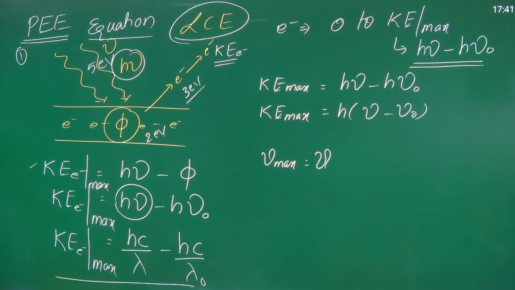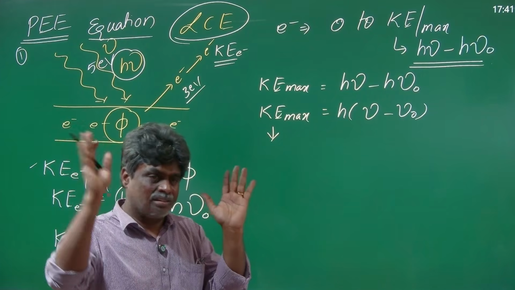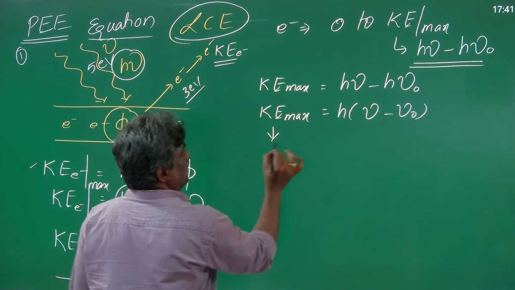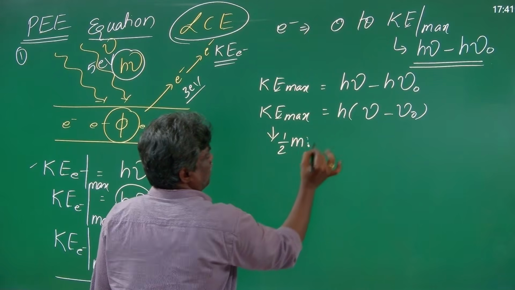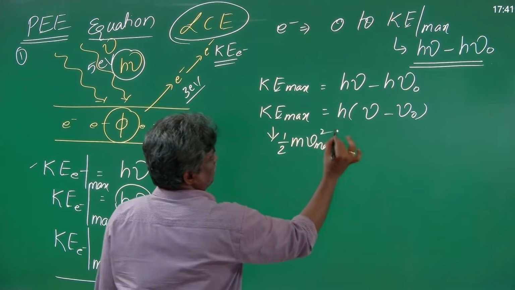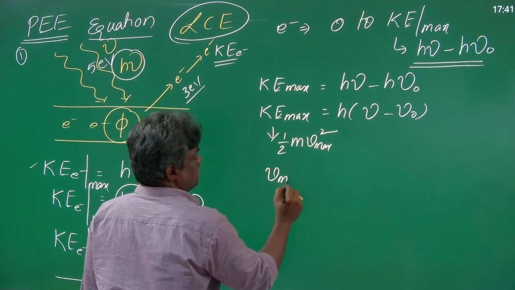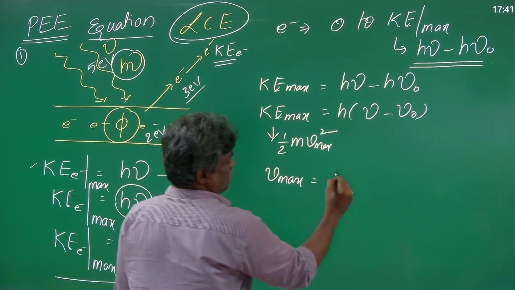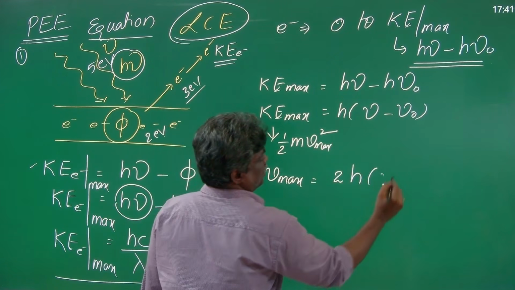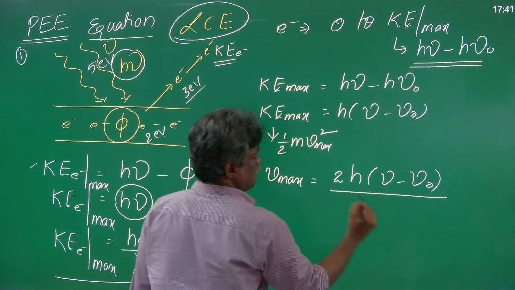Read again. Here you can't answer anything. Kinetic energy maximum equal to half m v max square. This was the just question. So this v max, I think, can be written as 2h nu minus nu naught by m.